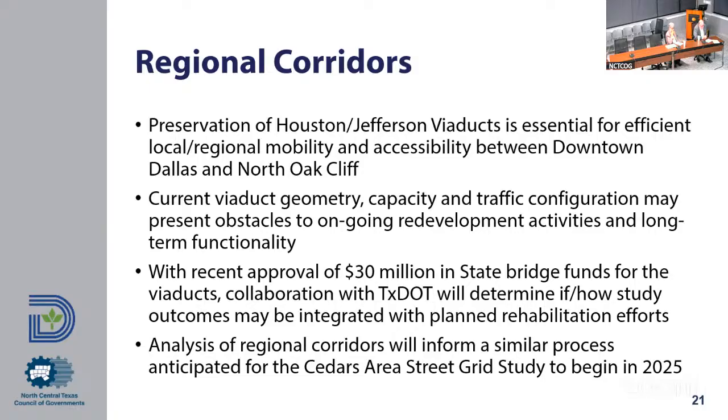So your Houston and Jefferson viaducts are a significant value to the region and to the Oak Cliff and downtown section. I'm not sure they're best being used, since they're a concept going back decades and decades.